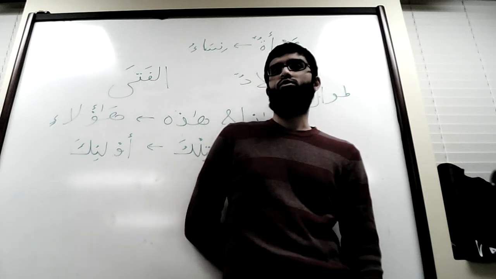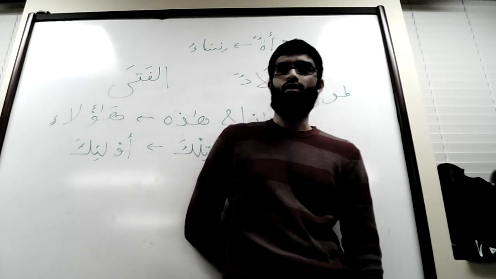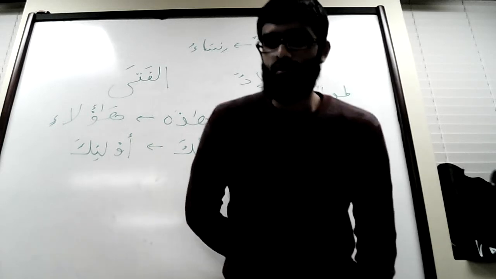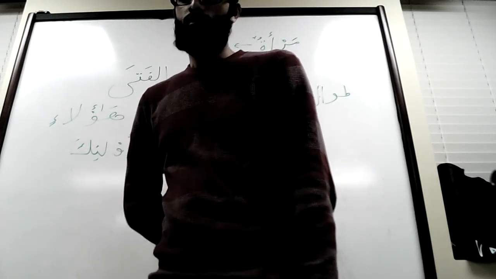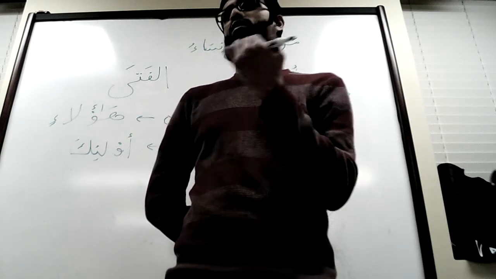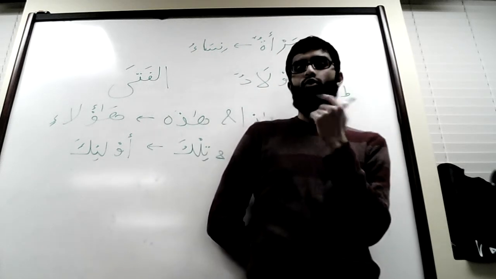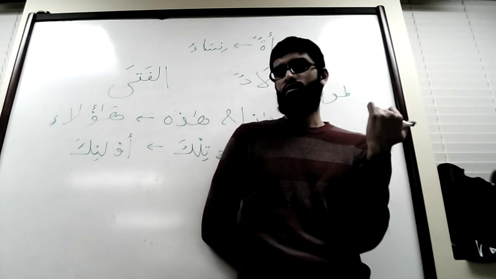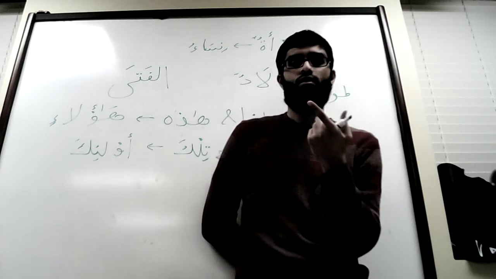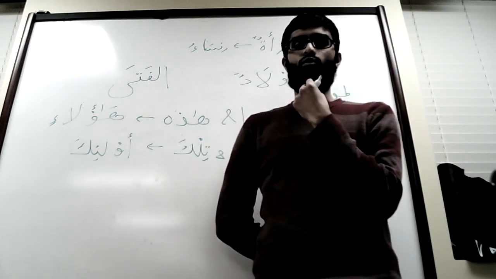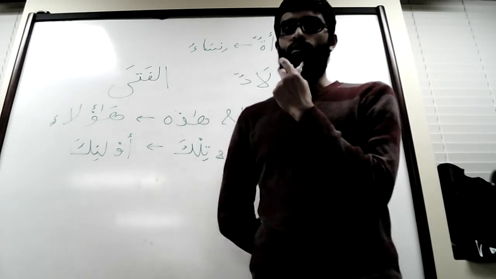Is it طالبة or طالبة T? طالبة. Why? Because it's a مضاف إليه. So الطالبة means? The mother of the student. So that woman is the mother of the student. Make it plural.